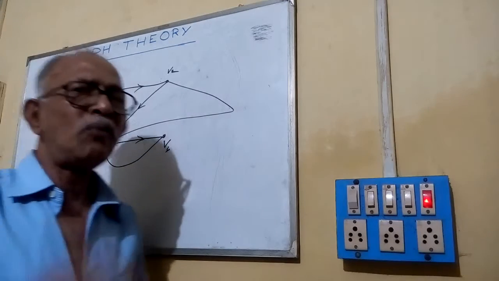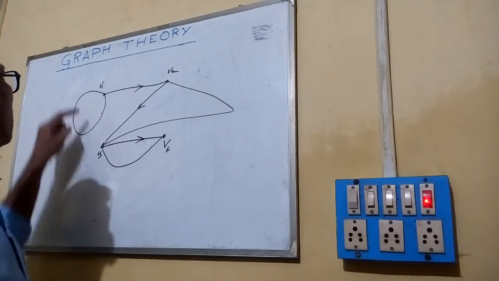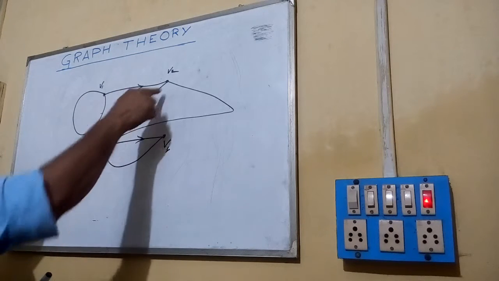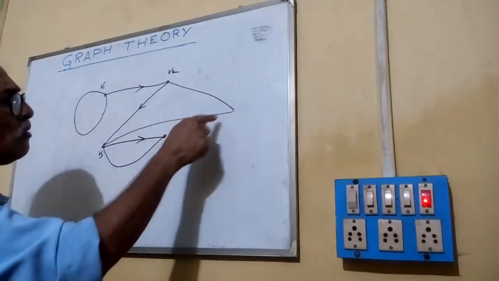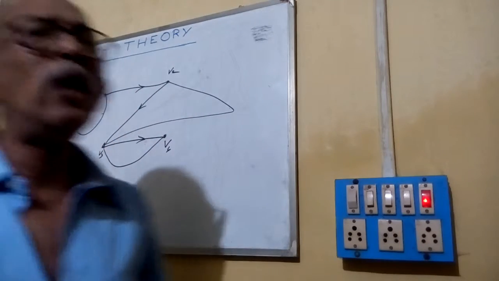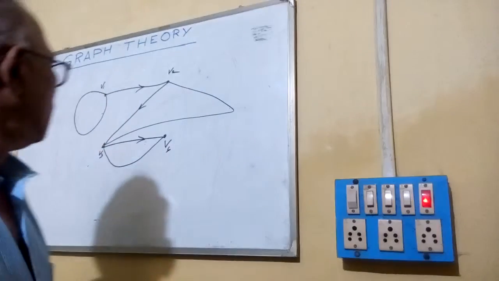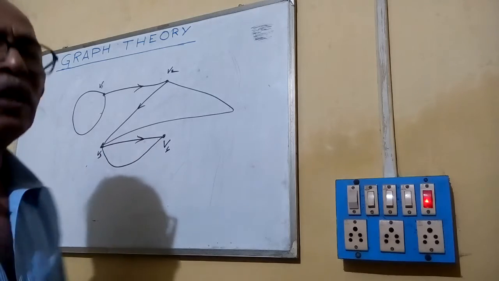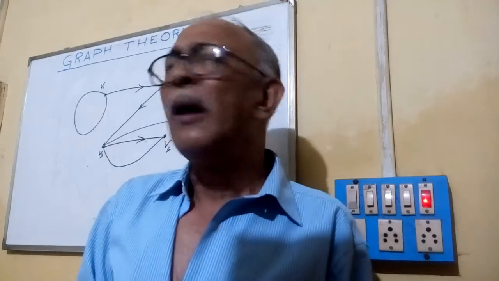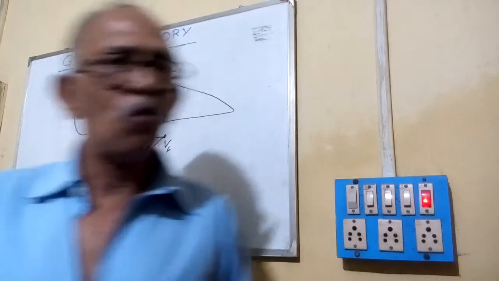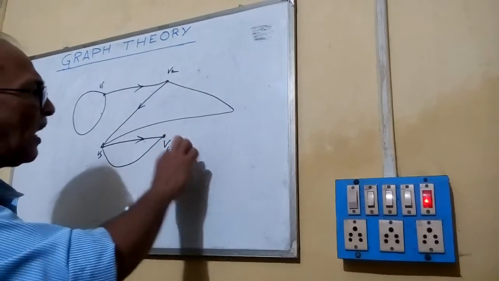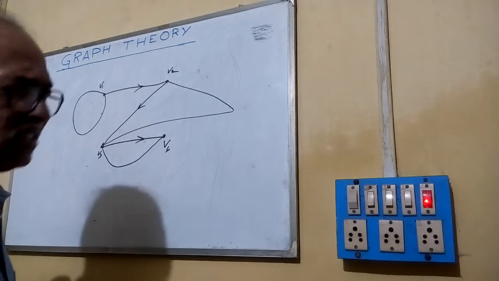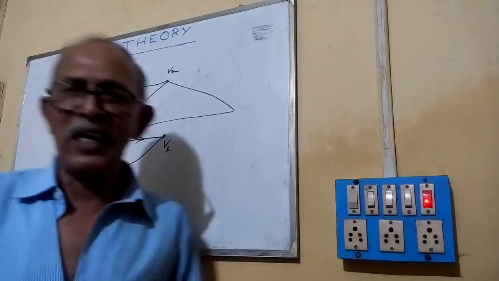So this is a loop, this is a directed graph, and V2 and V3 can be joined by this line as well as by this line. So between V2 and V3 there are two edges. Between V3 and V4 this is one edge, this is another edge. These edges are called parallel edges. Don't equate them with parallel lines. If more than one edge is between the same two vertices, those are known as parallel edges.